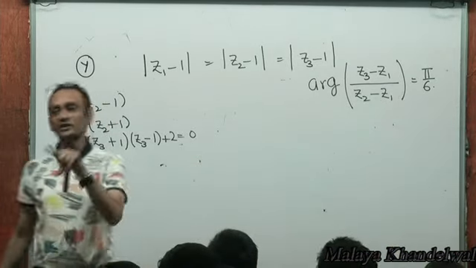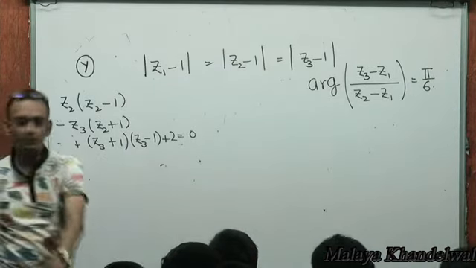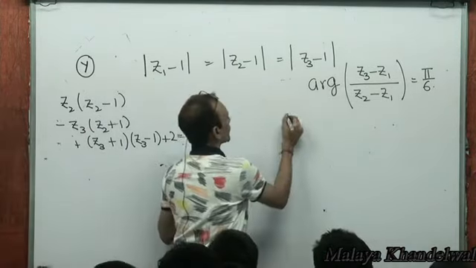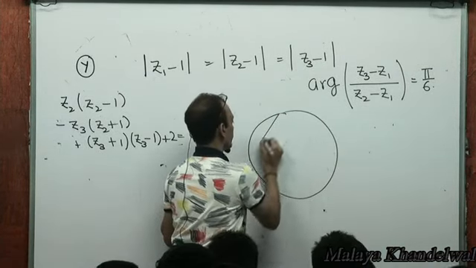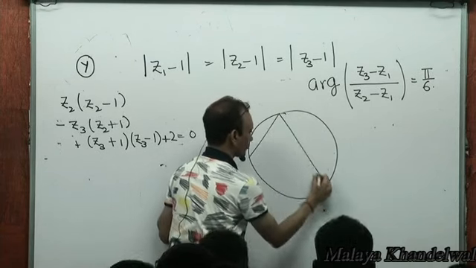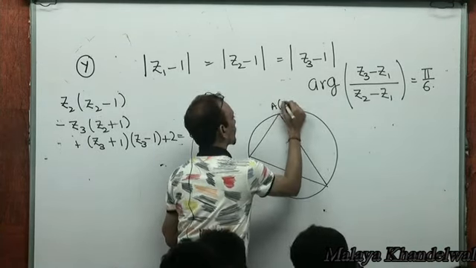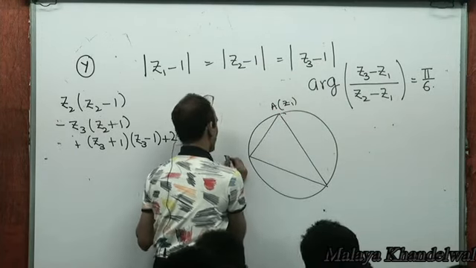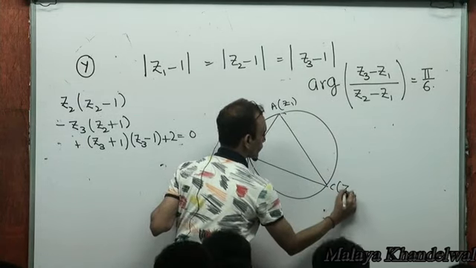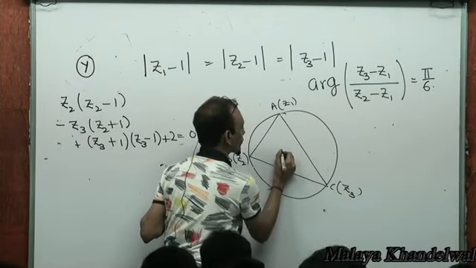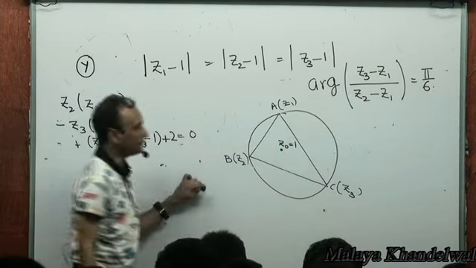The circumcenter of the triangle formed by z1, z2, z3 is 1, right? This is z naught equal to 1. Right?